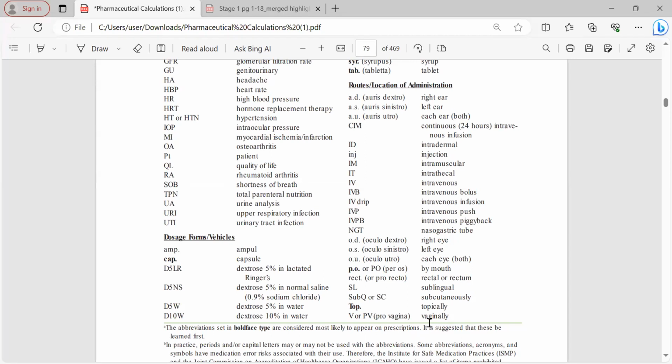Seraphine, is there a way you can differentiate OD as once a day and OD as right eye? Or it depends on the prescription. I think when you read the prescription and see the context, the context would really differentiate whether they mean put it in the right eye or give it once a day.